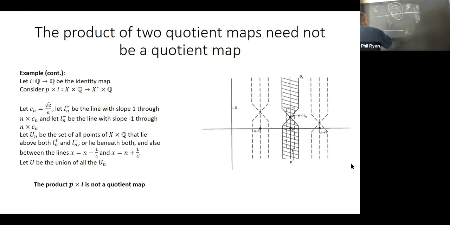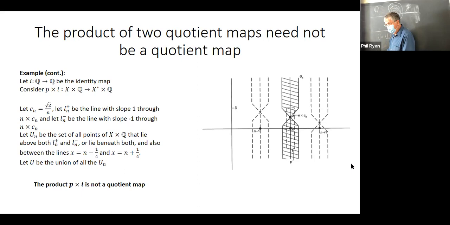Okay, and let U be the union of the U_n. Since it's a union over n, I've got to watch my U's and my union signs. So this is going to be open, right?